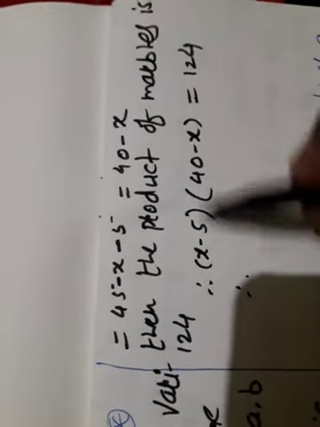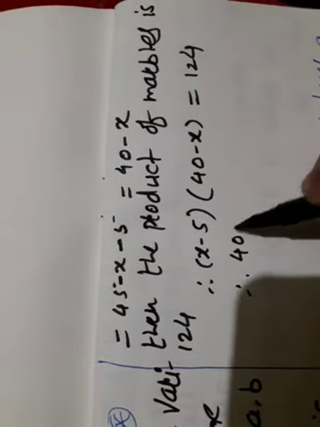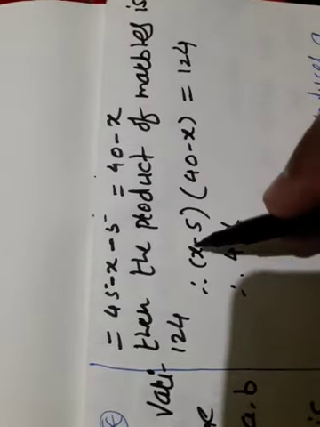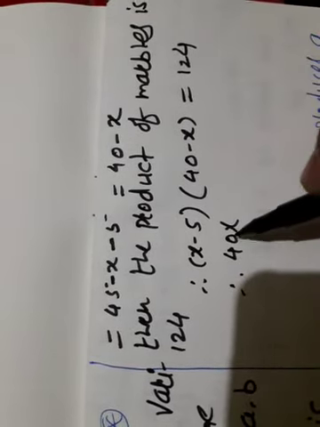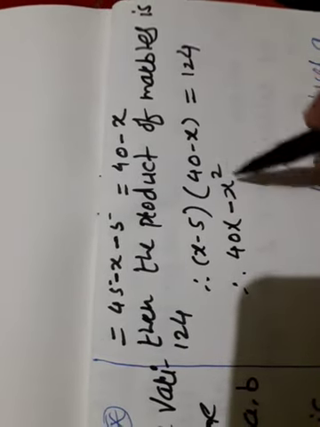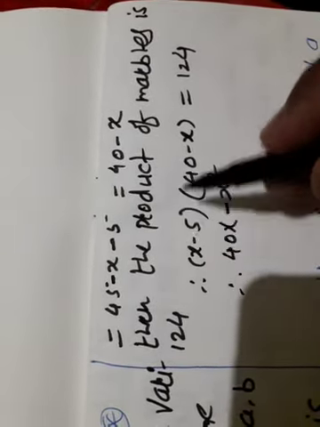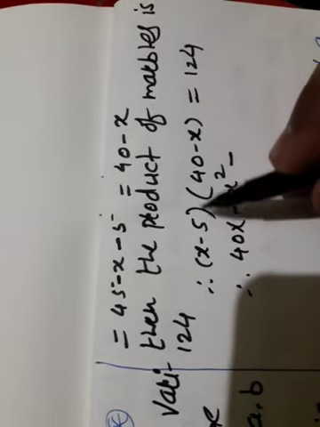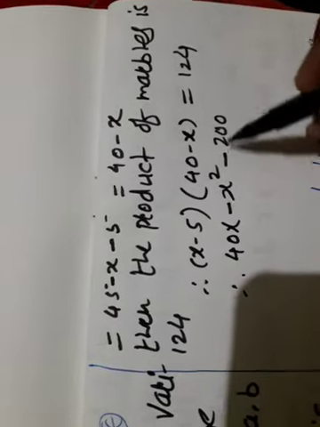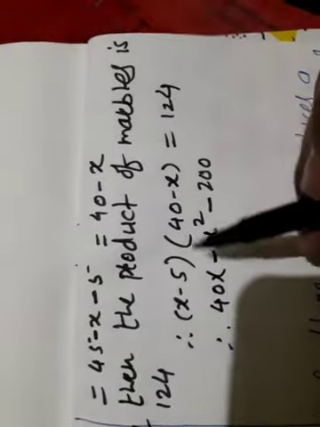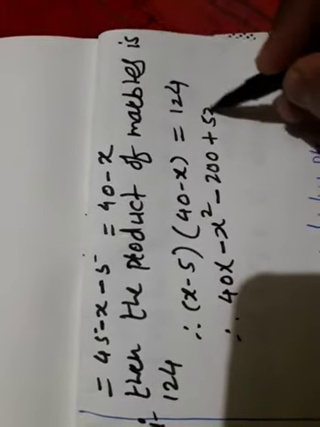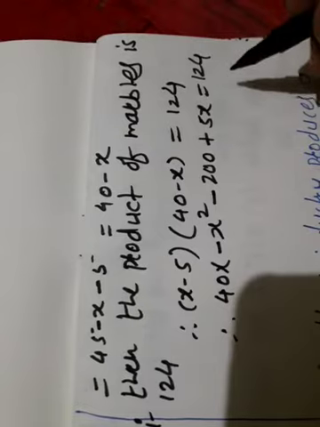First we multiply x into this bracket: x into 40 is 40x, plus into minus is minus, x into x is x square. Next, minus into plus, minus 5 into 40, that is 200. Next, minus into minus is plus, 5 into x is 5x, equal to 124.